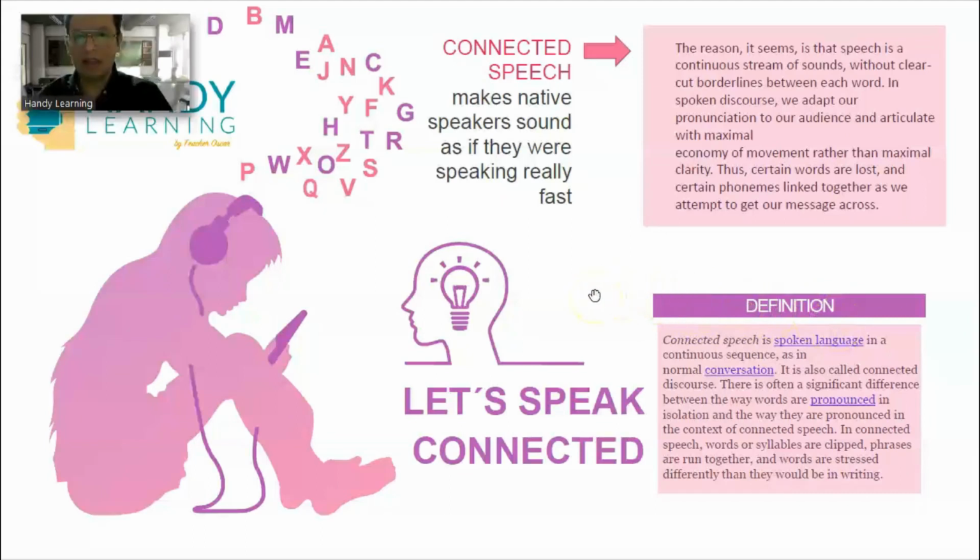This is what makes a difference between a person who's speaking proper English and a person who is not. So we should master connected speech in order to not only pronounce the words in a better way, but also to improve our listening skill. So this is basically what connected speech is.